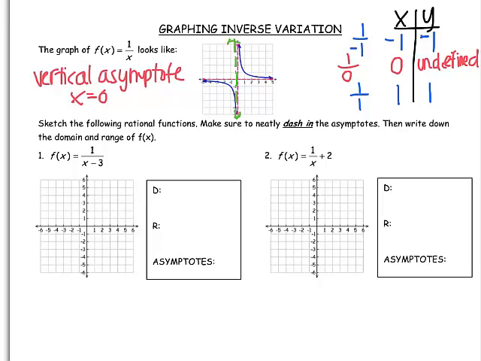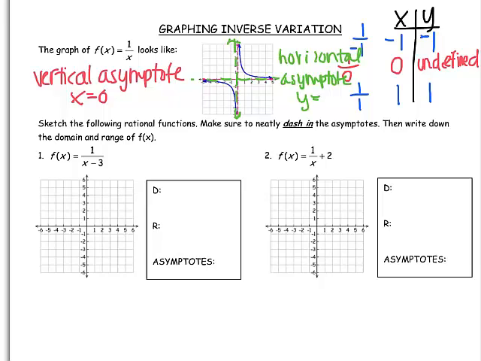Now you also have a horizontal asymptote going across. That horizontal asymptote is coming from the fact that you cannot output 0 either. Anytime you divide by a negative, if the numerator is positive, you're going to get a negative. And anytime you divide a positive by a positive, you're going to get a positive.